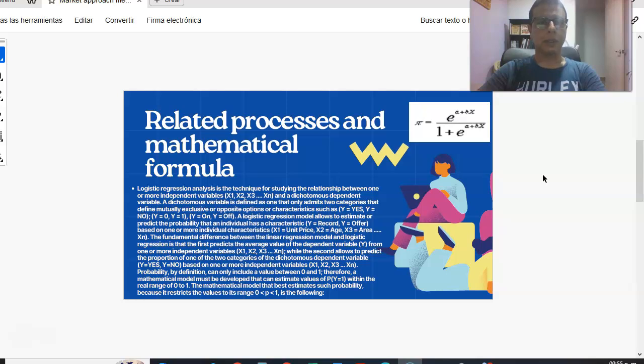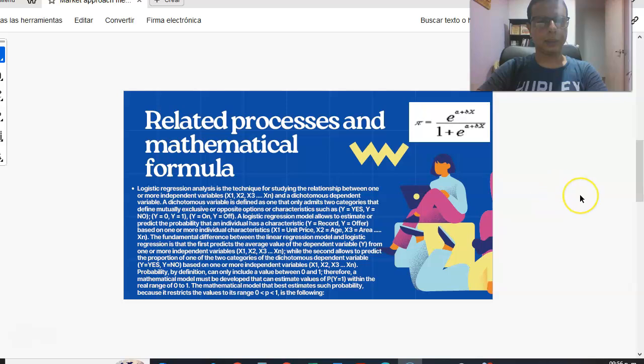Related process and mathematical formula. Logistic regression analysis is the technique for studying the relationship between one or more independent variables x1, x2, x3, xn and a dichotomous dependent variable.